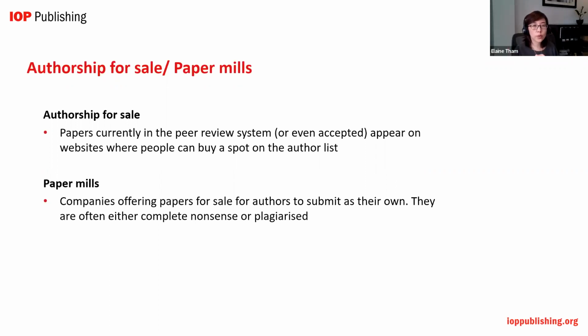We also have to be wary of paper mills. These are essentially companies that offer papers for sale to authors to submit as their own work. Such papers are usually either completely plagiarized or, in some cases, nonsense content.